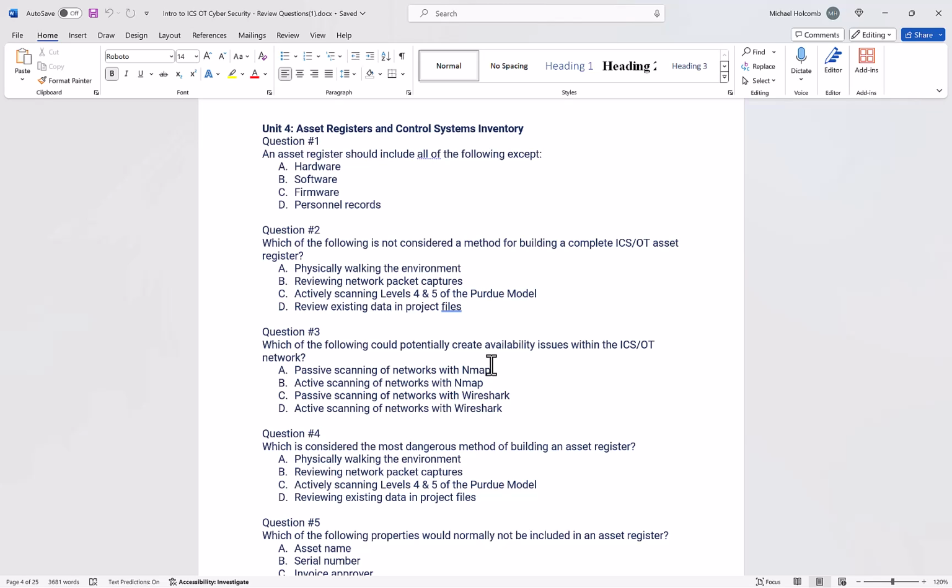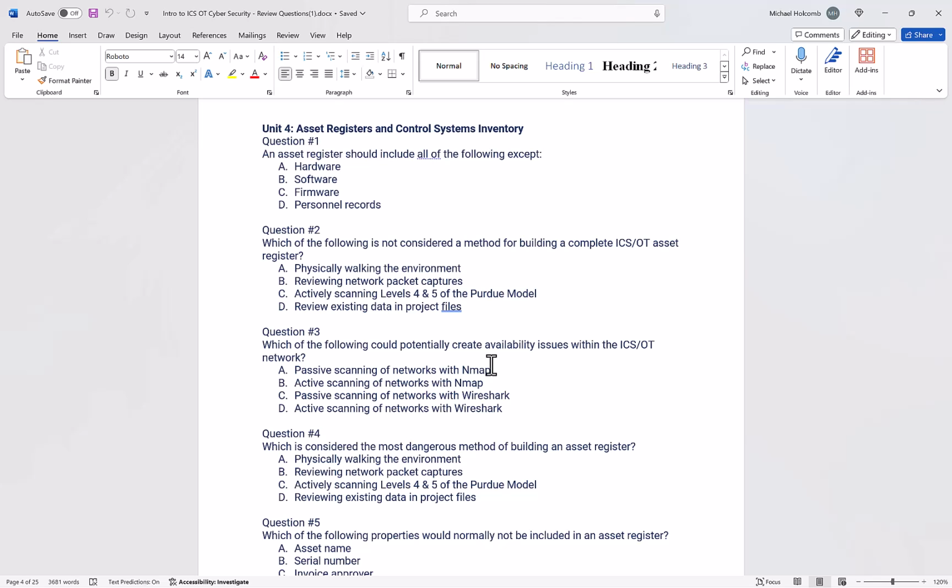So question 1, an asset register should include all of the following except. We mentioned in the course that the main 3 focuses of the asset register are a list of all the hardware assets we have, as well as any of the software and the firmware running on those assets. That way, especially, that can help us identify vulnerabilities in systems.